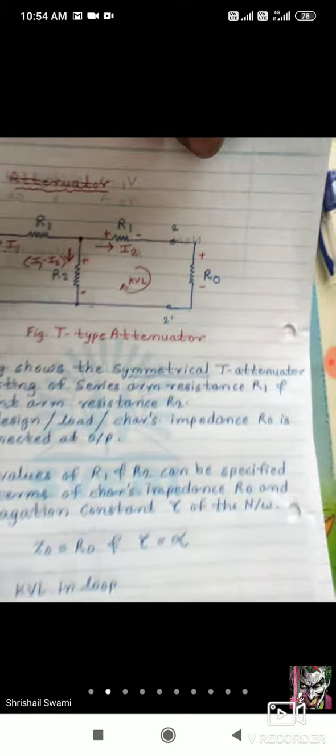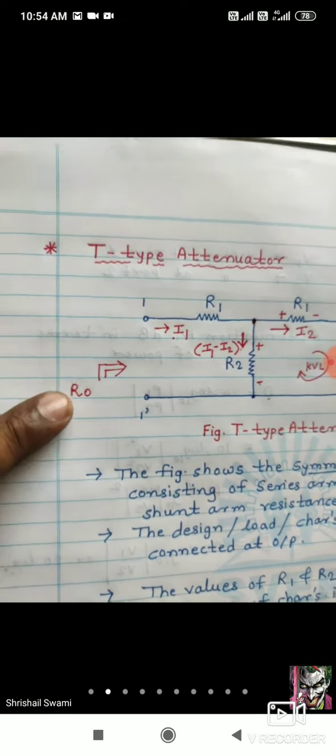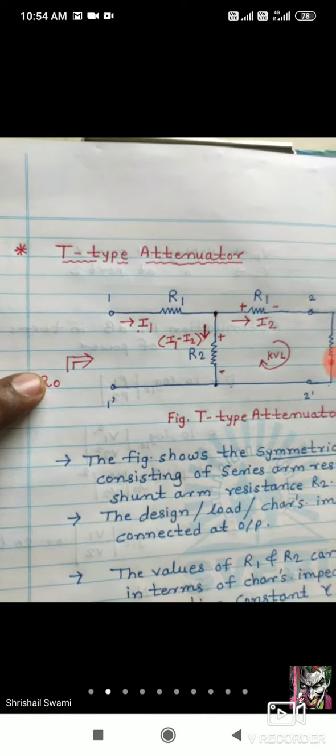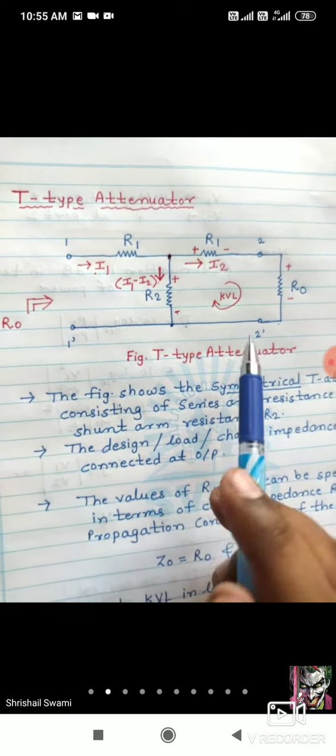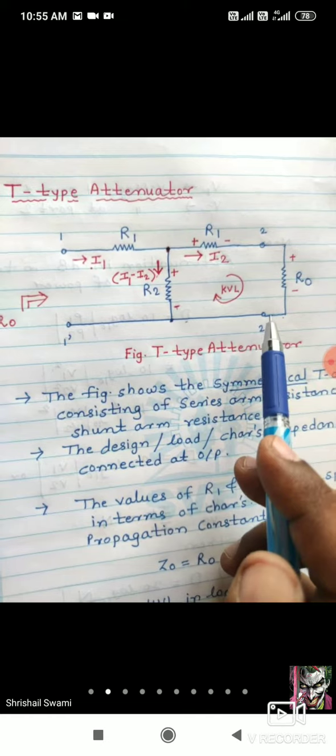I will show it. Observe from this side and measure from the opposite side. In this direction you are observing, measure from the opposite side.